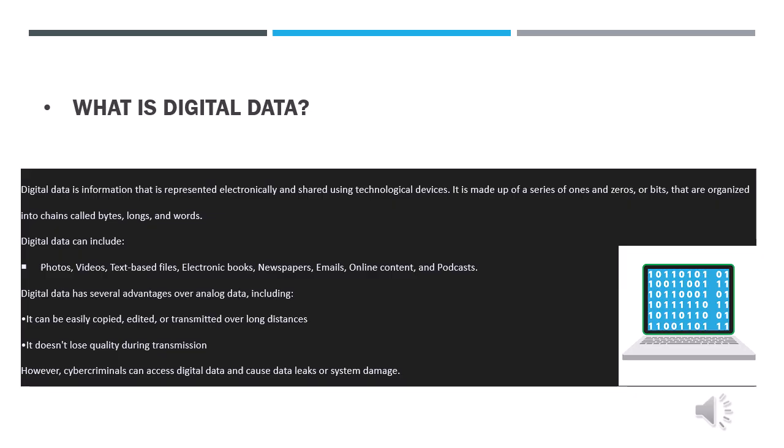Digital data can include photos, videos, text-based files, electronic books, newspapers, emails, online content, and podcasts. Digital data has several advantages over analog data, including that it can be easily copied, edited, or transmitted over long distances. It doesn't lose quality during transmission. However, cyber criminals can access digital data and cause data leaks or system damage with the help of hacking.